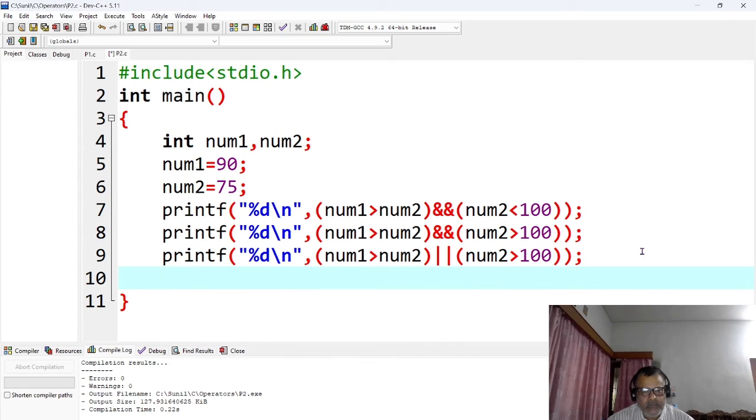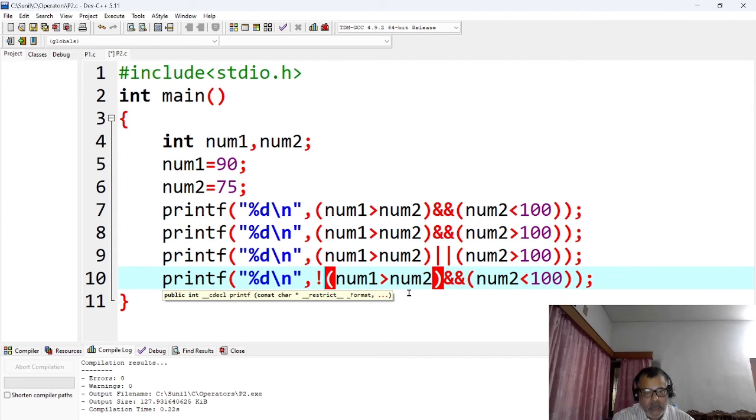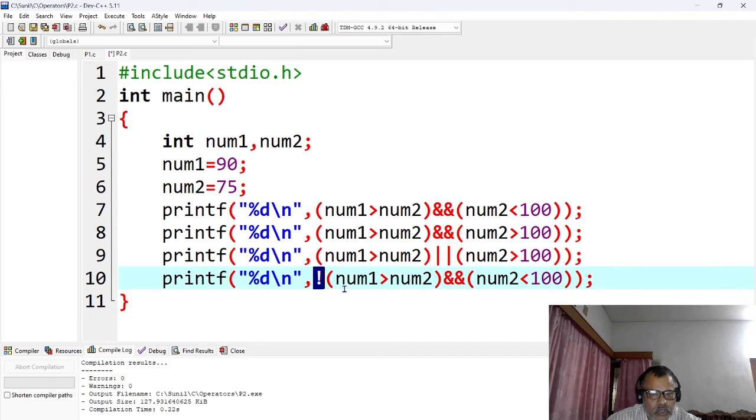Now I want to write one expression for logical not. Okay, here I want to write logical not. Now please see. Num1 greater than num2 is true, but due to this logical not operator, it will become false. It means we will get false.